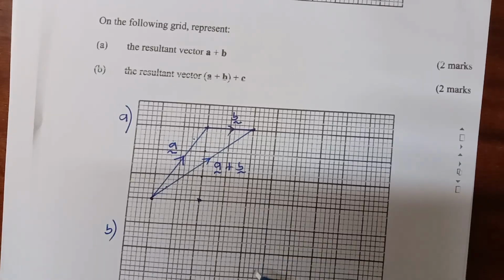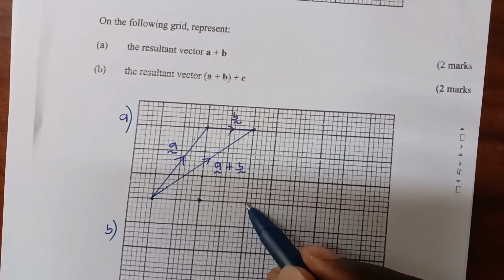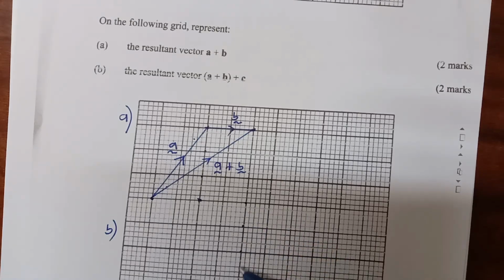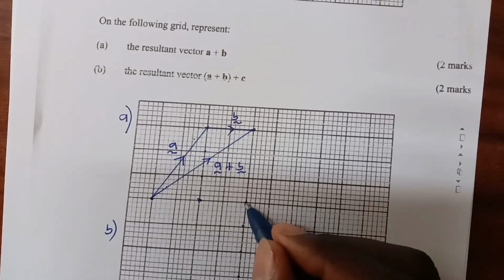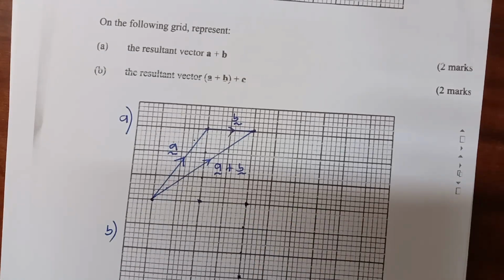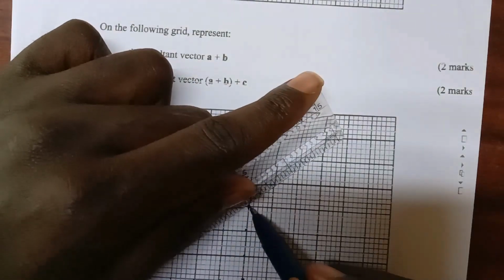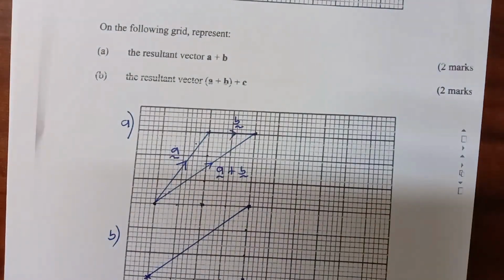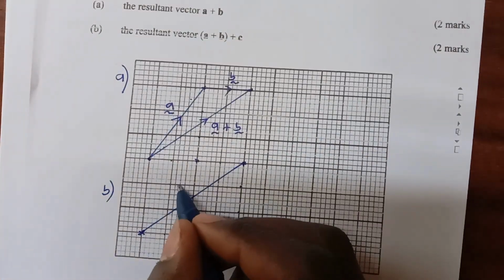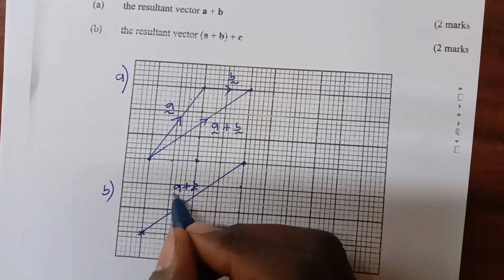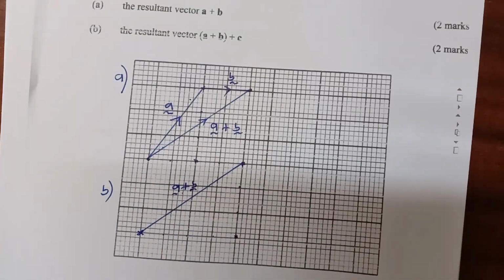We can start from here. It has 1, 2, 3 as our vertical displacement. Then it has horizontal of 1, 2, 3, 4, up to here. So this one here is going to be our vector A plus B.